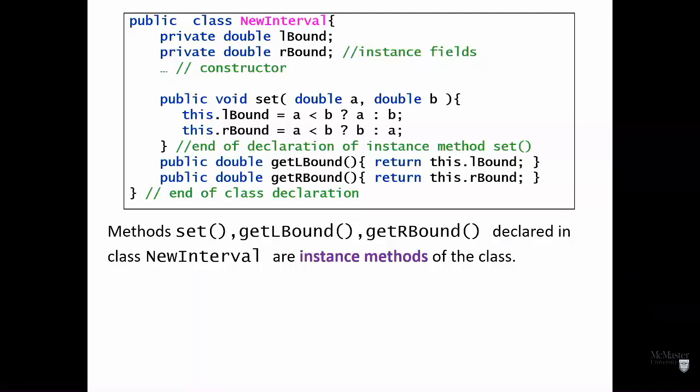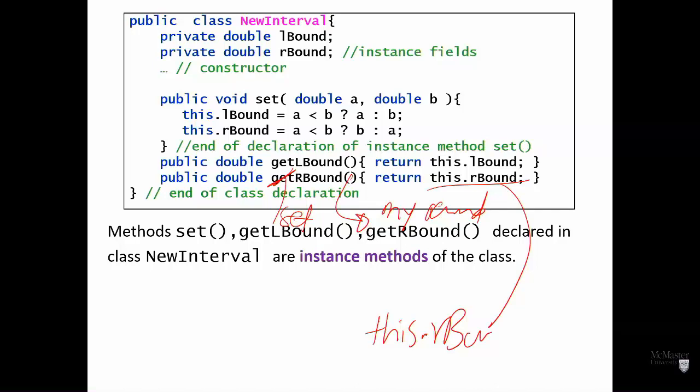What can be done is exactly the same thing as this, and then just call this set. Then it takes an input that has to be double, and I call this my r bound. And in the set, I'll say this dot r bound equal my r bound. My font is terrible, I know.